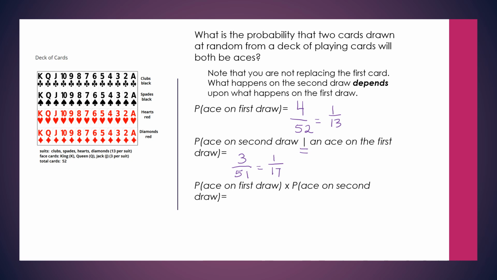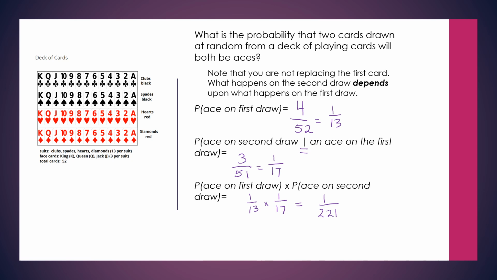Now we want the probability of an ace on the first draw times the probability of the ace on the second draw. So that is 1 out of 13 for the first draw times 1 out of 17 for that second draw, which gives me 1 out of 221.